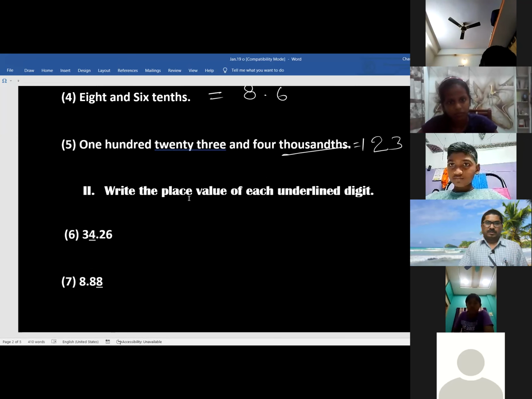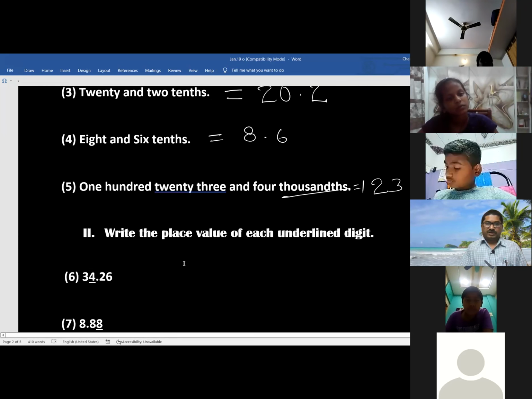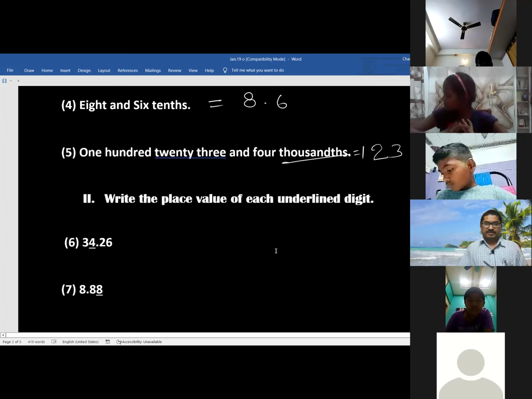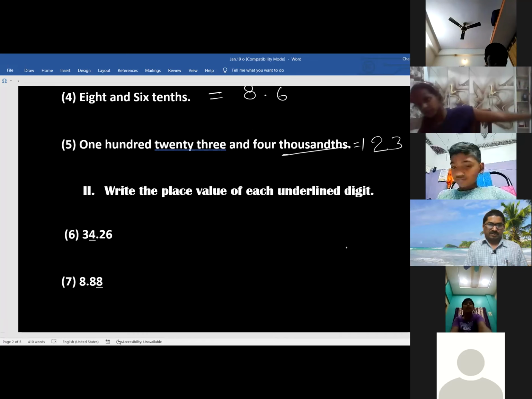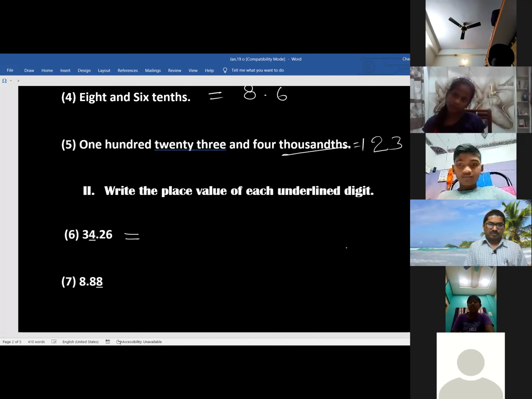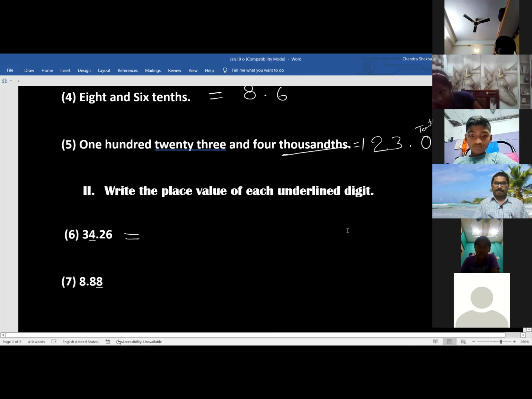Kartikeya, can you say this? Write the place value of each underlined digit.